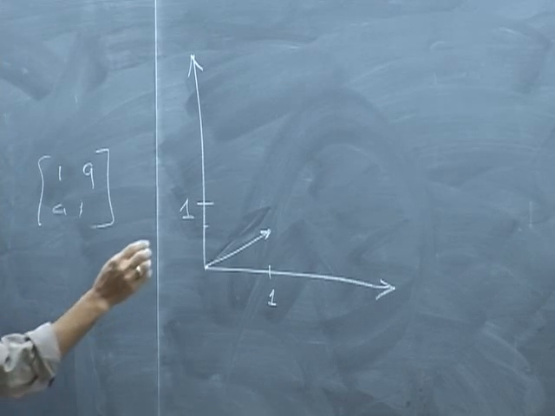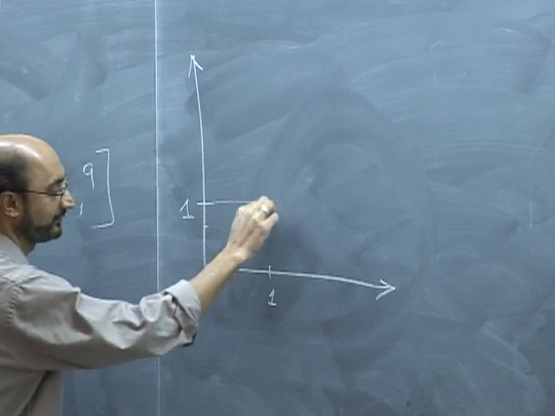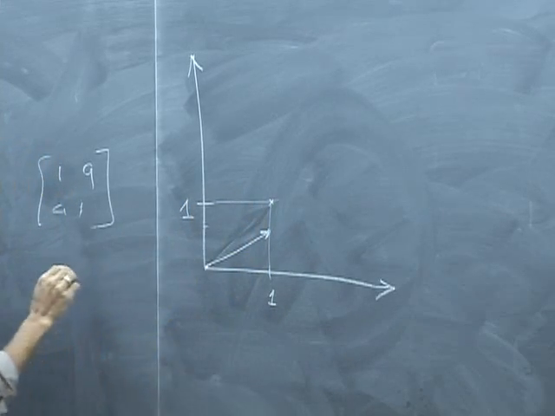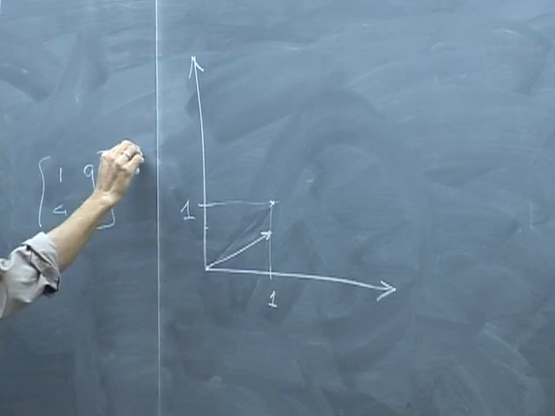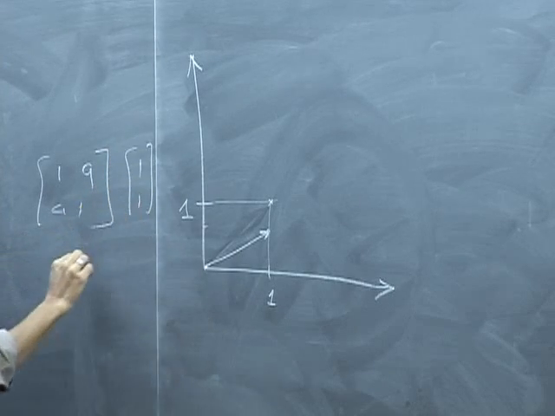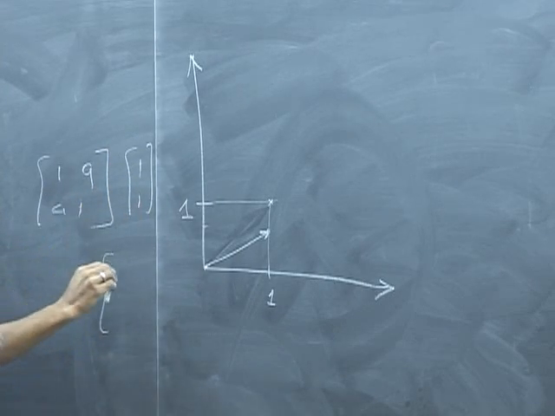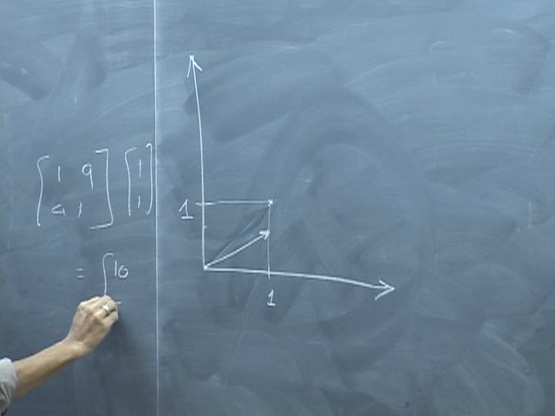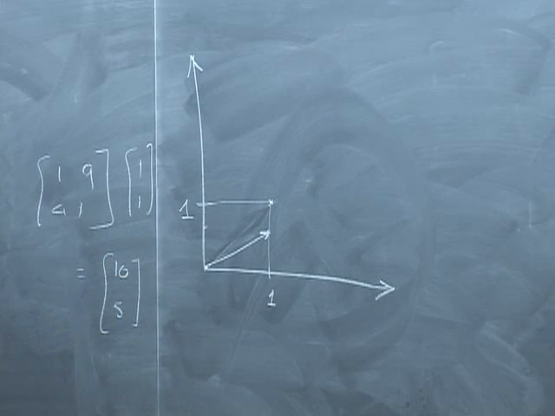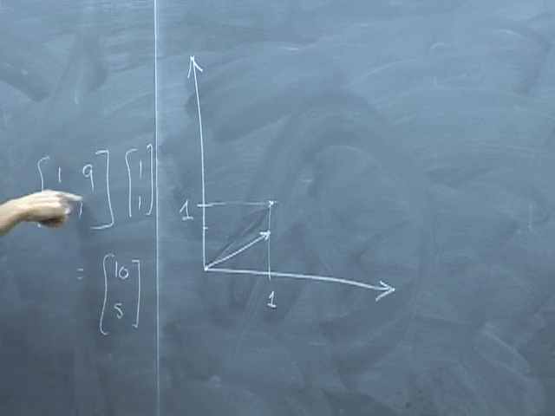Let me do something a bit more interesting. Let's take the vector (1, 1), and see what happens if I apply this matrix to it. What I'll get is the vector (10, 5). Do you see that? It's 9 plus 1, 4 plus 1.